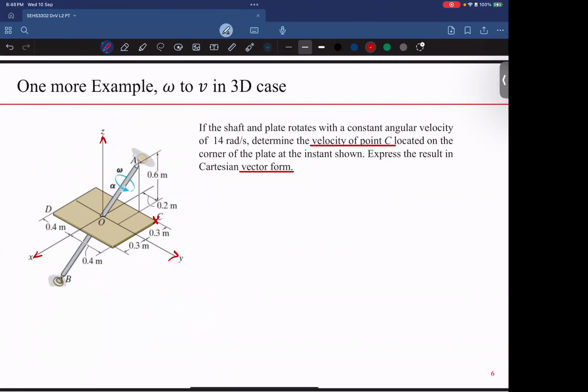So how to understand this question? We can come to the animation. Let's see, it's going to be here. Yes, this one. So we have two ball joints here, and this is the board, right? Inclined and fixed on the shaft. And we can have a study.